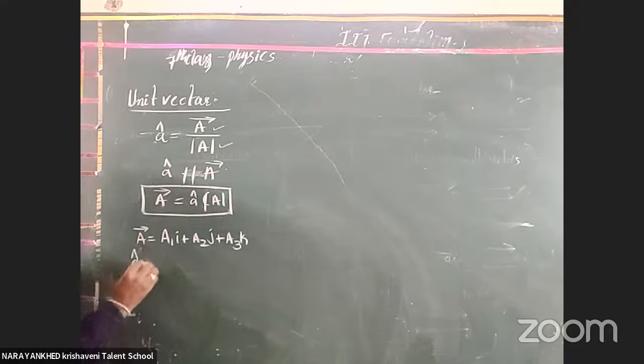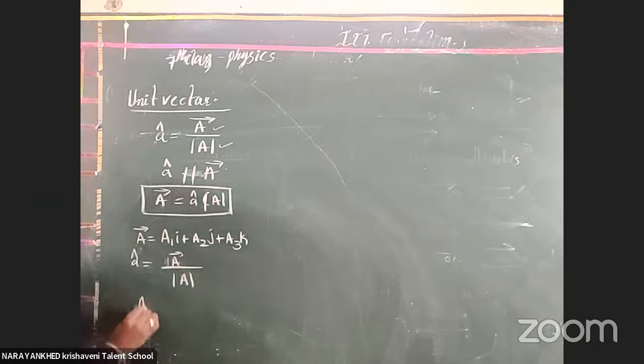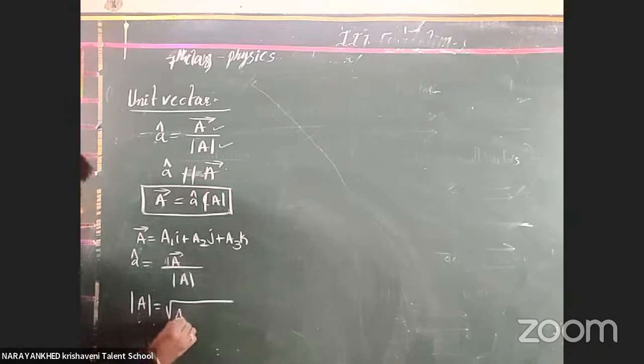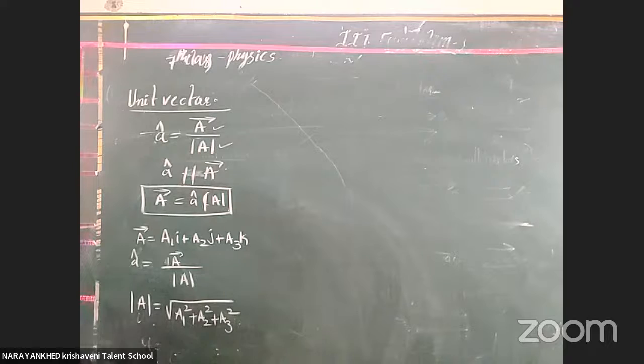A cap is written as A bar by mod A. What is mod A? Mod A is the magnitude of the vector, which we find as under root of A1 square plus A2 square plus A3 square.